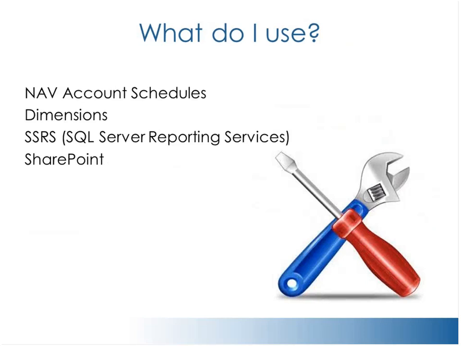We produce all of our basics as well as quite a few more advanced things using those account schedules, but part of the reason why we have been very successful with using account schedules with our financial reporting is because we do use dimensions in a very robust manner. So we've got 9 dimensions, and I think 5 of them are related to our inventory, to our items, and the other 4 are related to expense accounts.